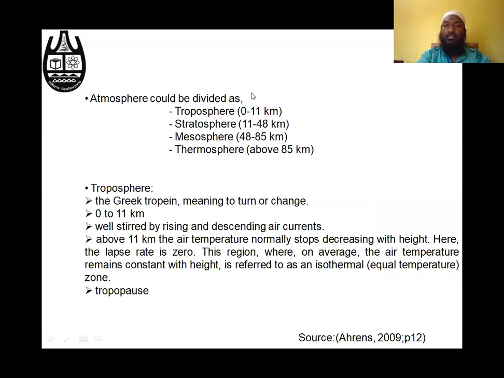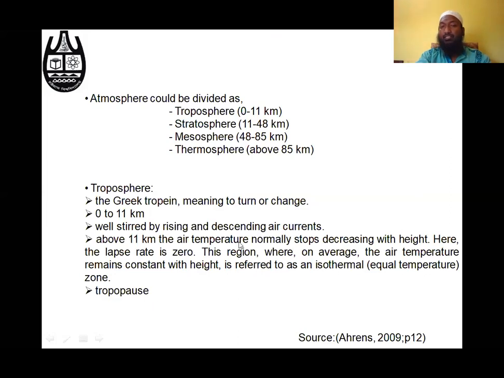The troposphere is the lower portion, starting from our ground, and normally the air is well stirred. This is where we get the maximum number of gaseous compositions. Sometimes a characteristic is also descending air currents, so the air currents are in a descending mode rather than ascending.